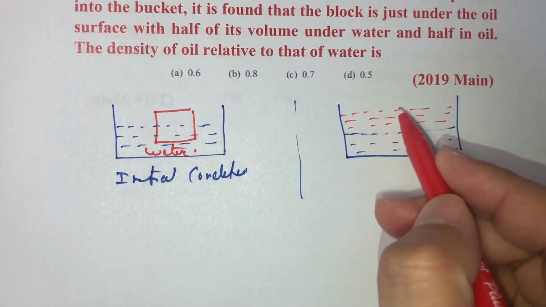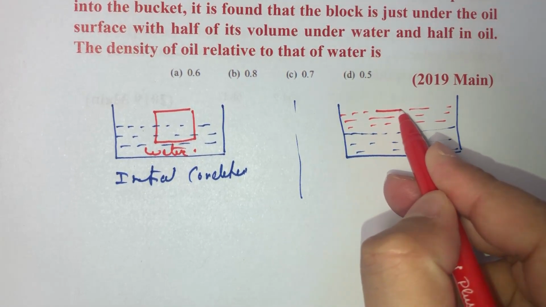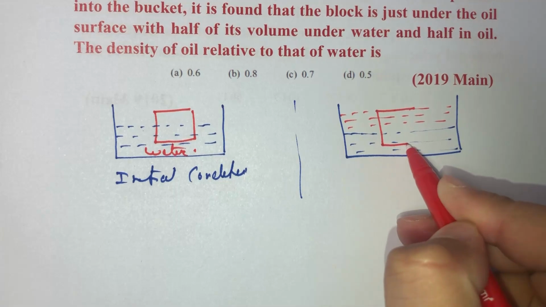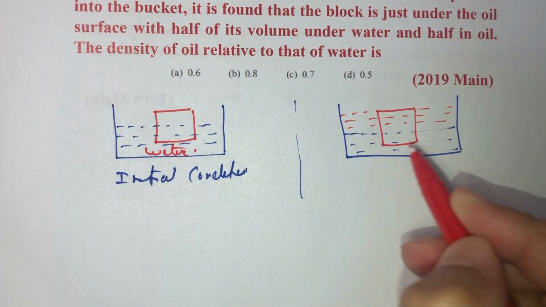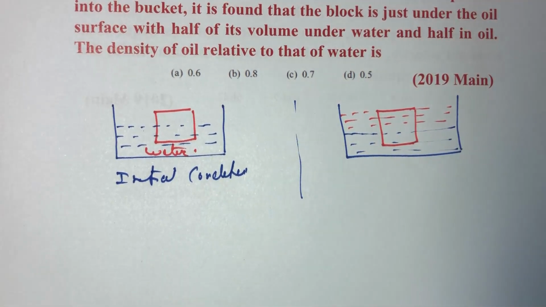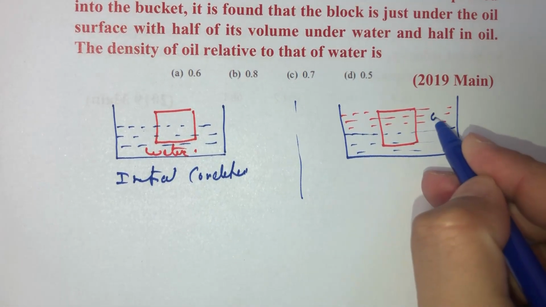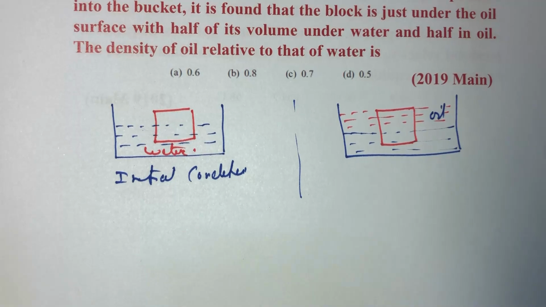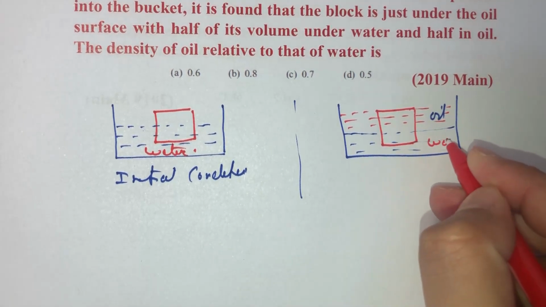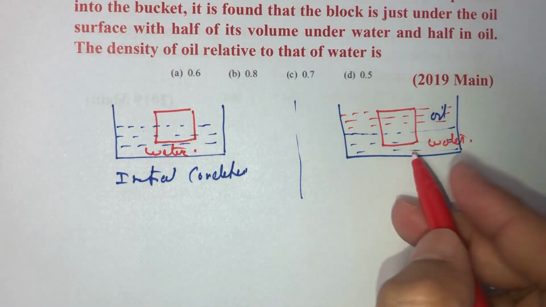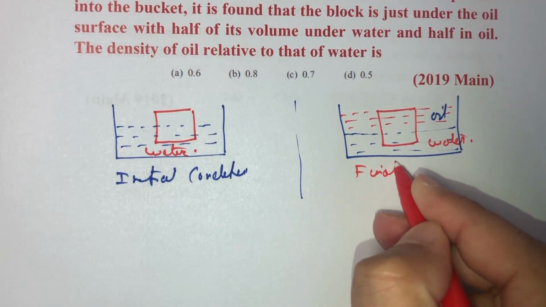Okay, so you can say this is our block, and we have oil and this is our water. So let us call this the final condition.